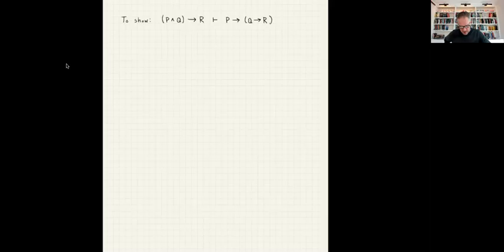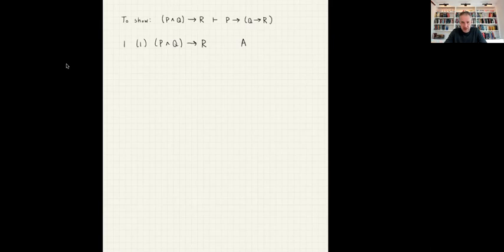Okay, so I'll begin as usual just by writing down my assumptions. So if P and Q then R, that's my assumption here. Now, if I look at what I want to prove here, I want to prove that if P, then if Q, then R. So the conclusion that I'm trying to prove here is a conditional.